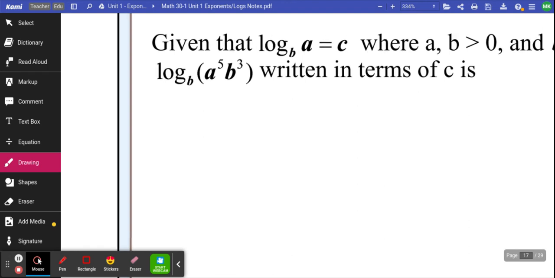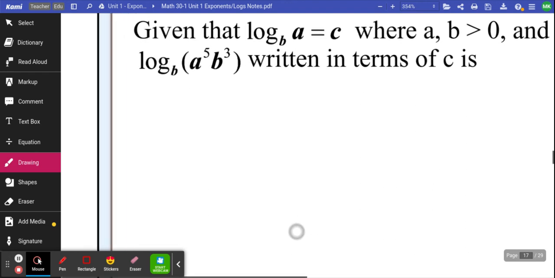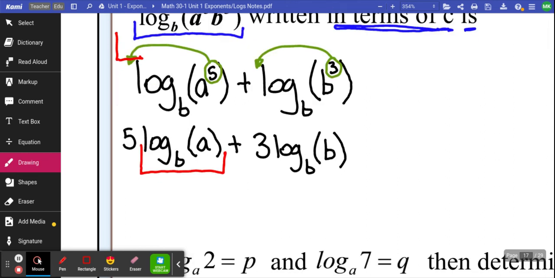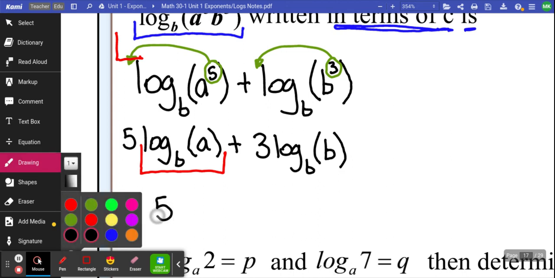They told me log base b of a is c. So this is 5c. The 5 is the coefficient. The log turned into c.